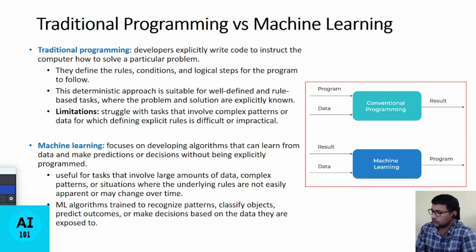So the machine directly develops the algorithm based on the problem-oriented algorithm it tries to develop here. Okay, this is the main difference between traditional programming and machine learning.